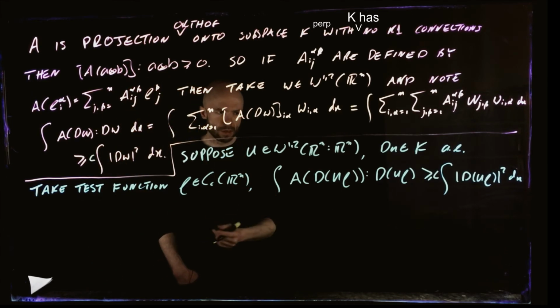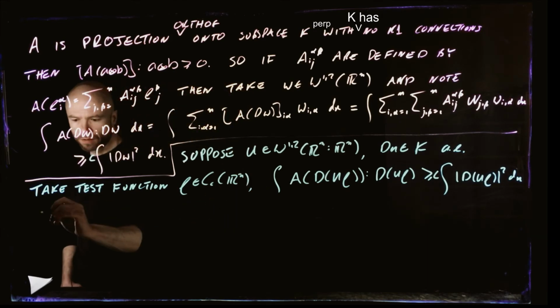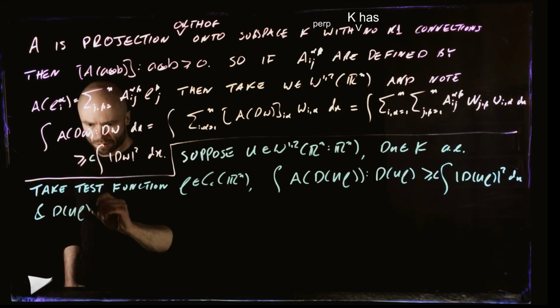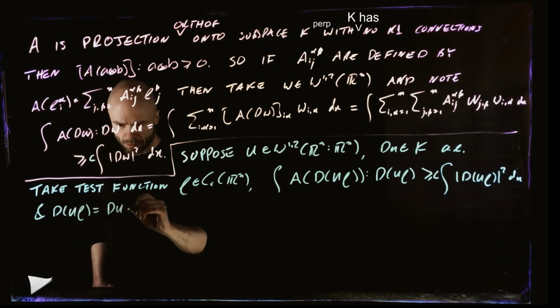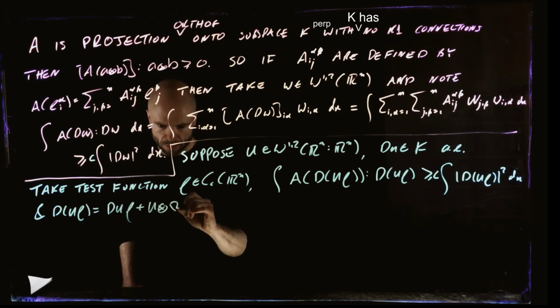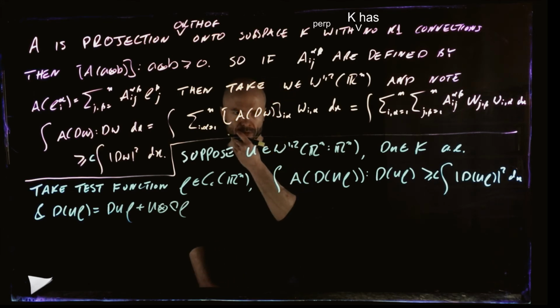And what else do we know? We know that d of U rho is gradient of U times rho plus U cross product gradient of rho, like this, right?